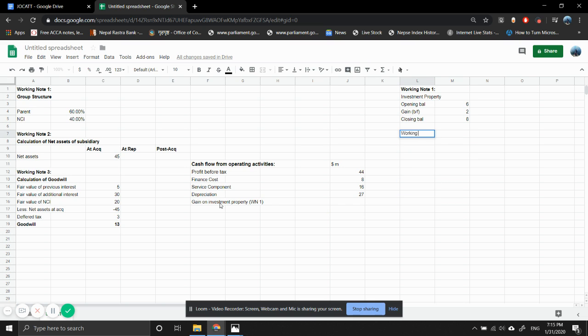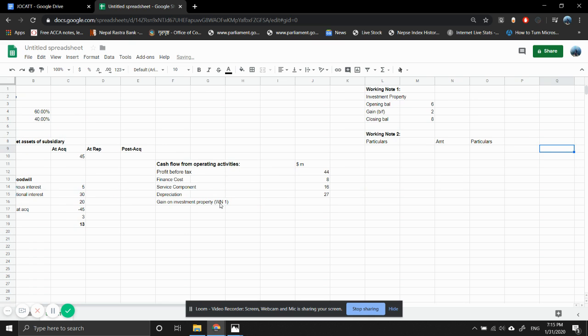So let's do goodwill. Let's finish it off as well. Particulars. I like to do it this way. This amount, so opening goodwill, opening balance.